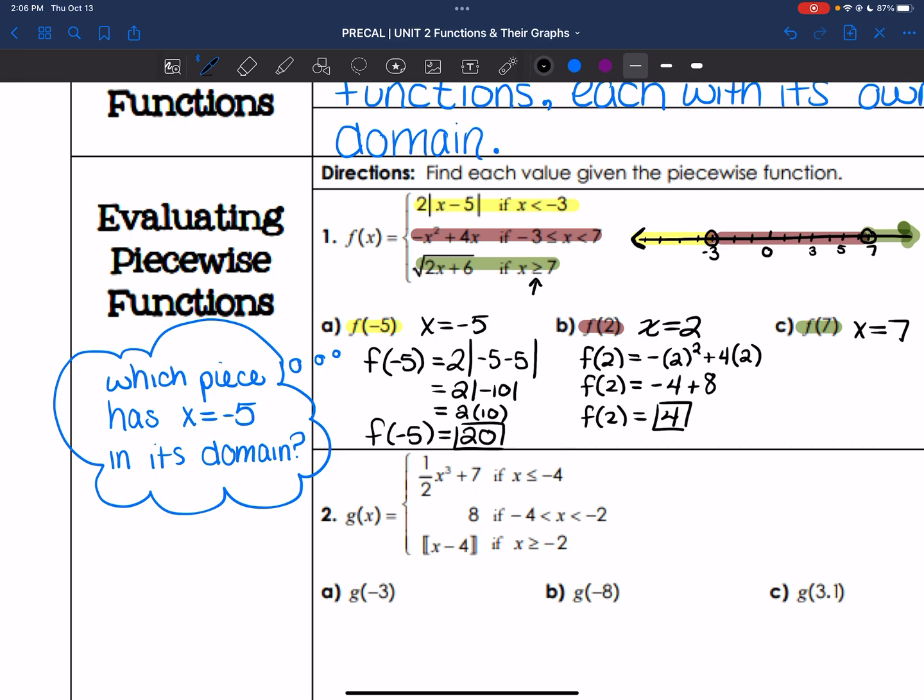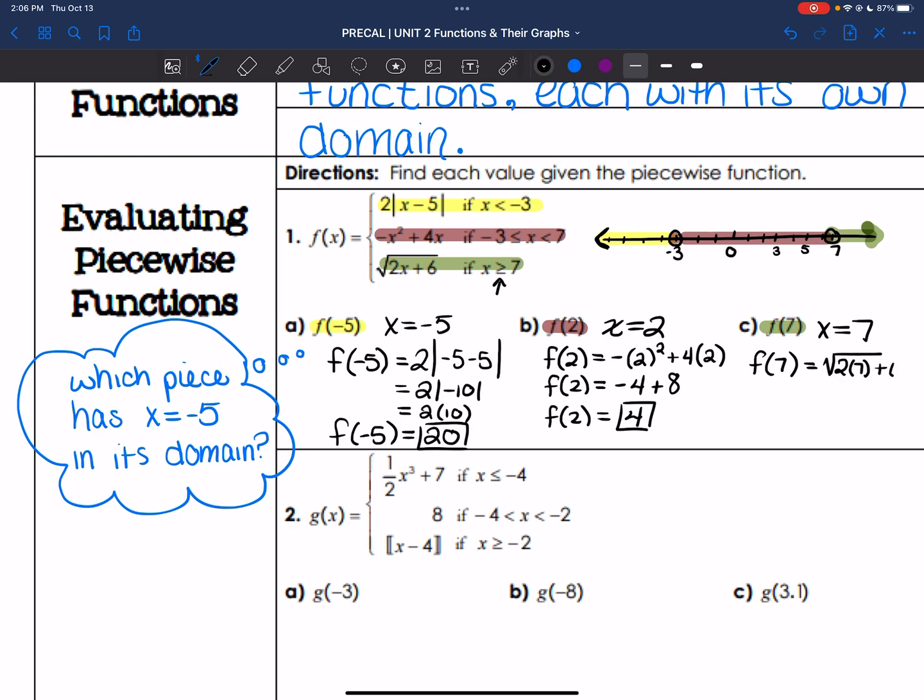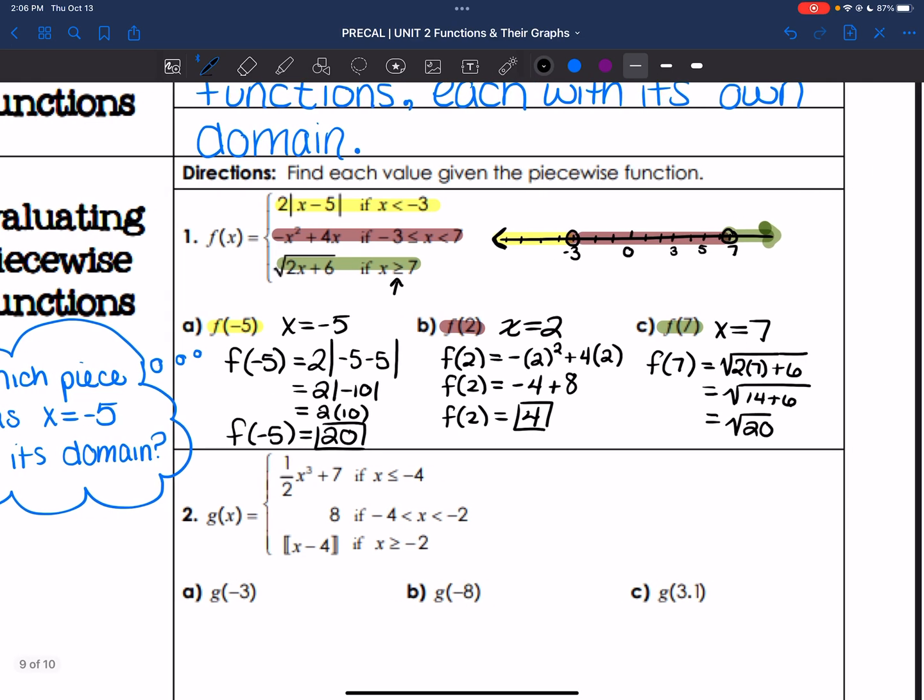So into that function rule, we will substitute 7. We're taking the square root of 2 times our input, and then we're adding to that 6. This is the square root of 14 plus 6. That's going to be the square root of 20.